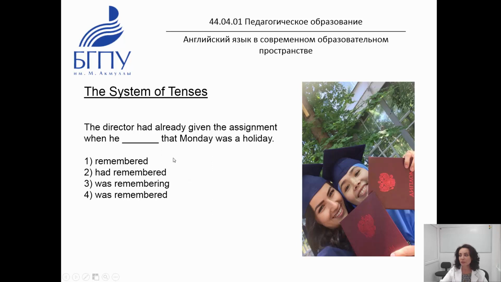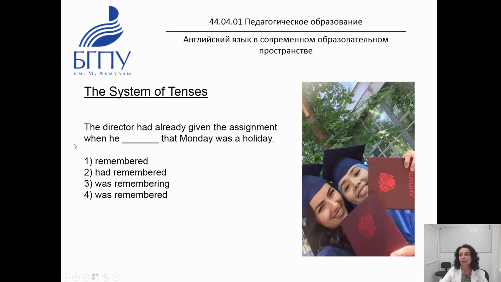There is another variant of fulfilling the test. You should analyze the options first. For instance, number one corresponds to past simple tense, number two corresponds to past perfect tense, number three corresponds to past continuous tense, and number four corresponds to past simple tense but already in the passive. According to the context, we do understand that we need the active voice. That's why number four is wrong by all means. Then the options are between 1, 2, and 3.